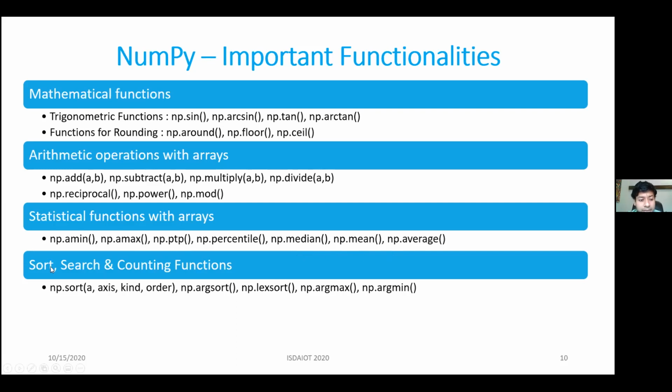And also there are some inbuilt sort, search, and counting functions available. np.sort expects some parameters like a, that is the array, which can be multidimensional. Which axis we want to sort along is given by axis. And kind is the name of the algorithm.